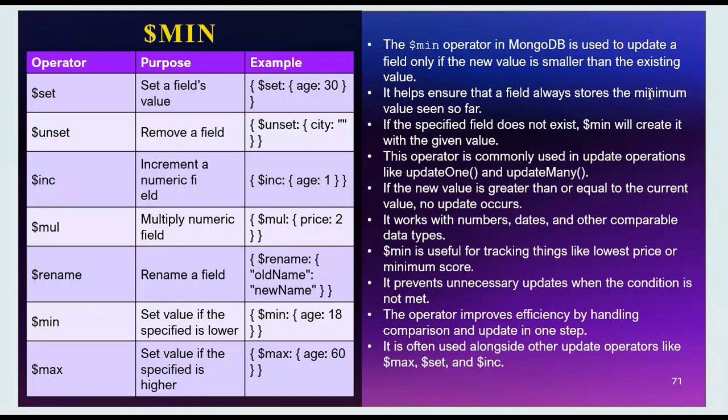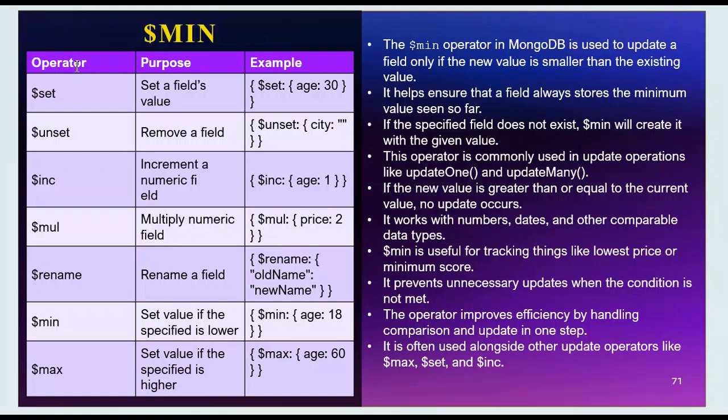It prevents unnecessary updates when the condition is not met. The operator improves efficiency by handling the comparison and update in one step. It is often used alongside other update operators like maximum, set and increment.